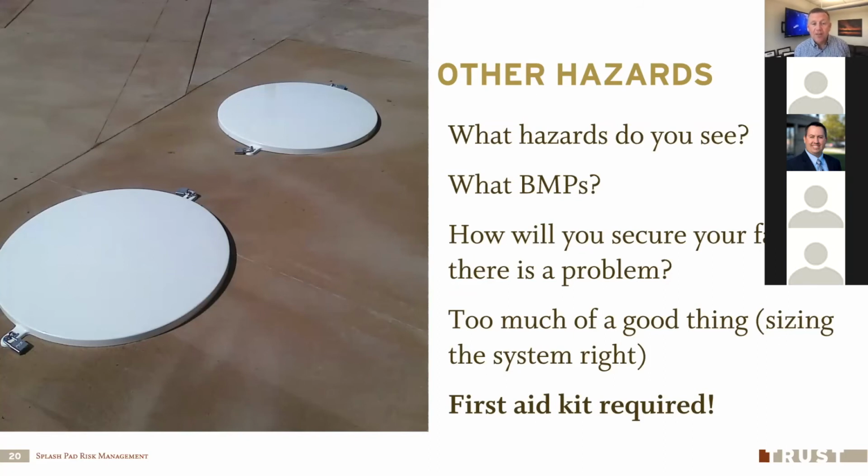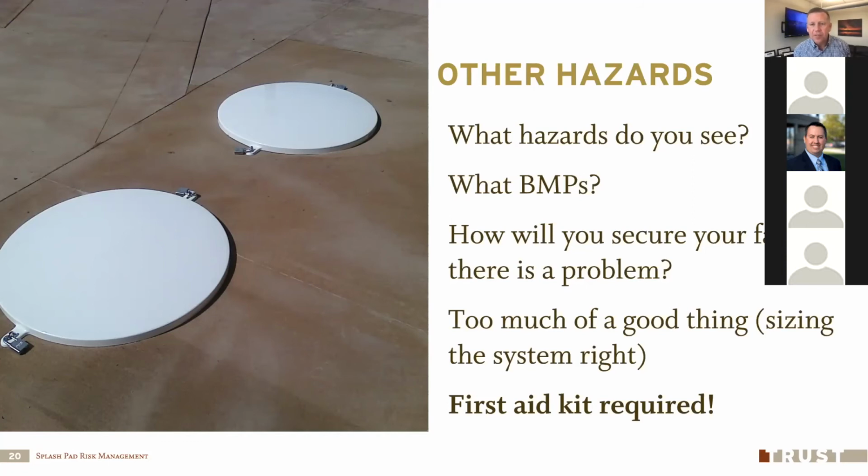One is trip hazards. I would look at these and either secure them so people couldn't access that, or have them flush to the ground. Now these have locks in place, and so my advice to this member was to fence this area to prevent people from tripping on that.